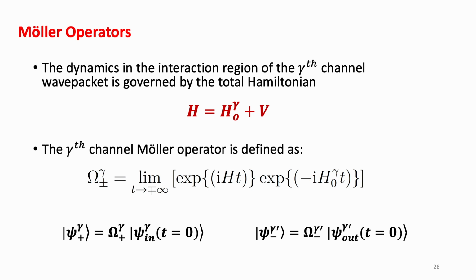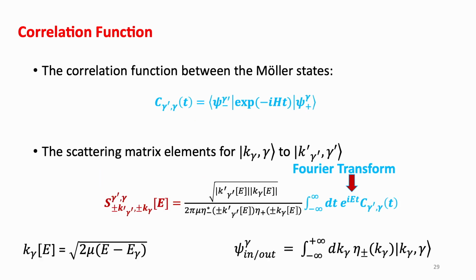The 2 Møller states are the 2 states that have already been propagated forward and backward in time to the reaction center. And again, as I mentioned, the main thing here is to calculate the correlation function between the two Møller states with the full Hamiltonian, take this correlation function and do the Fourier transform, and you get the scattering matrix element. And from this, the absolute value squared is the probability for the reaction to go from the reactant to the product.